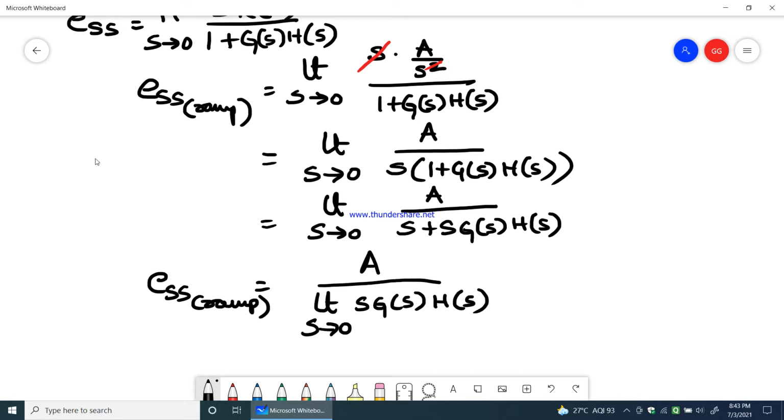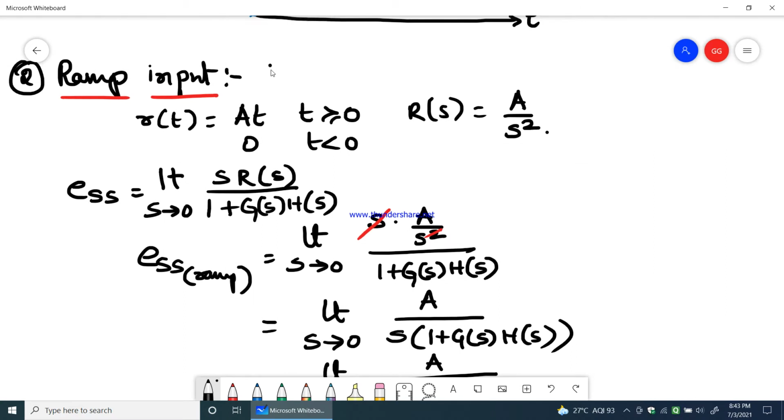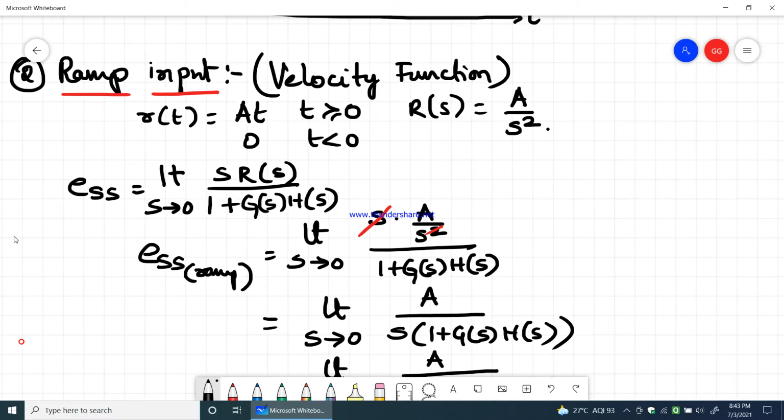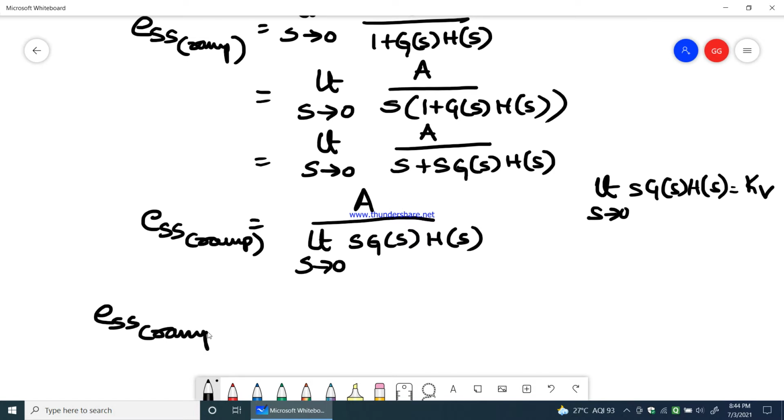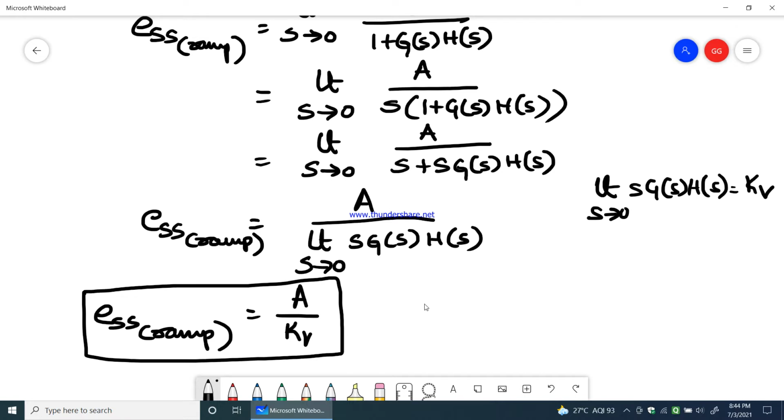We all know that the ramp input, I think I would have told you earlier, is the velocity function. So as the ramp input is a velocity function, this limit s tends to 0, s into G of s into H of s is denoted by kV. Therefore, the steady state error for ramp is equal to A by kV, where kV equals limit s tends to 0, s into G of s into H of s.